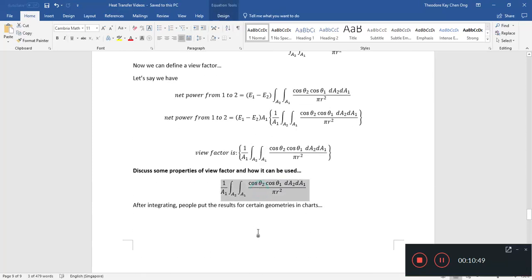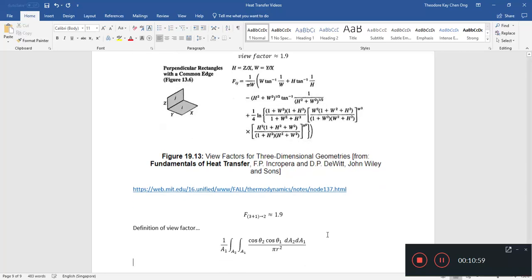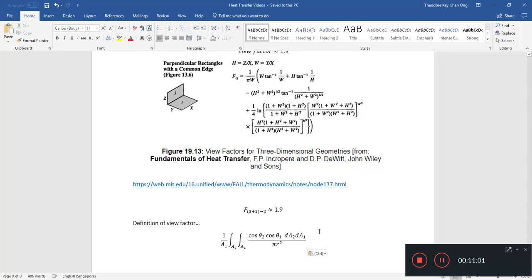And we look at our definition again of view factor. This is the definition. And what do we notice?